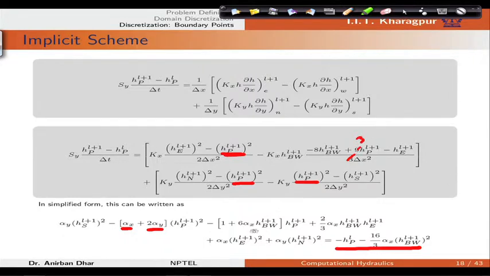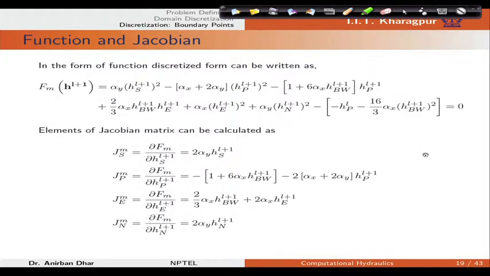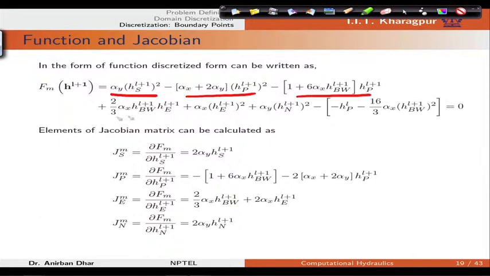This is 2 into 3, that is 6 here, 6 alpha x, that is coming here. Now, on the right hand side we have this alpha x, whatever is there on the left hand side, and this is from the right hand side directly coming.